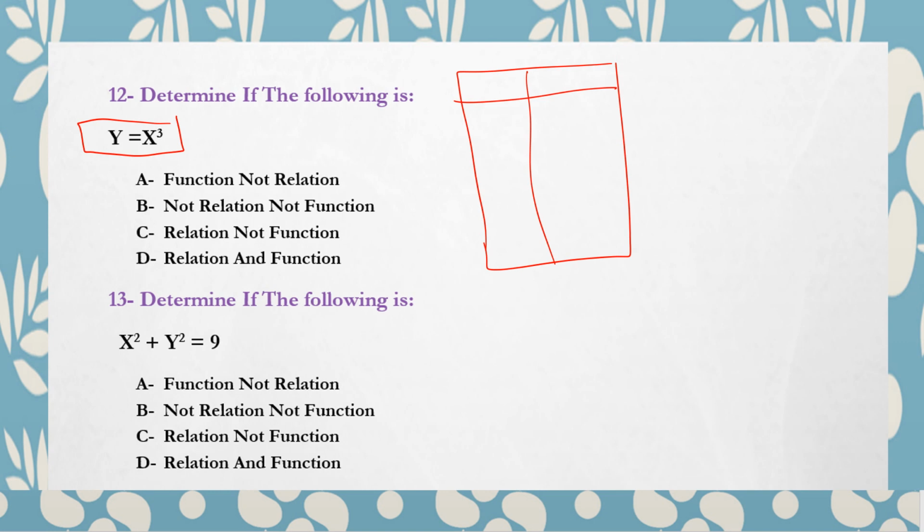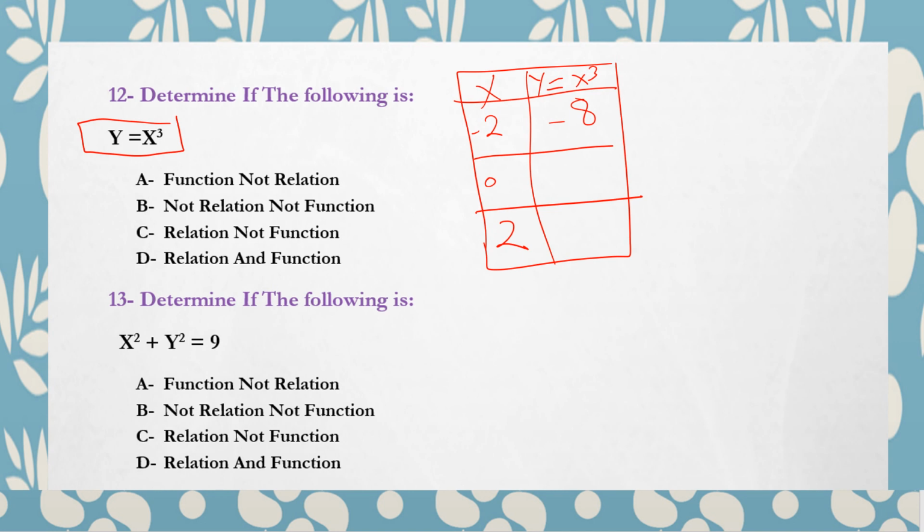Let's see here. First, let's assume some values of x, for example -2, 0, and 2, and substitute these values in the equation to get the value of y, which is x to the power 3. By substituting the value of x, which is -2, in the equation, we get the value of y, which is -8.